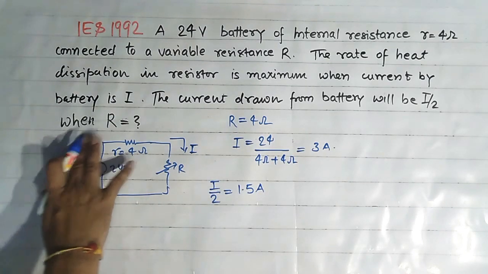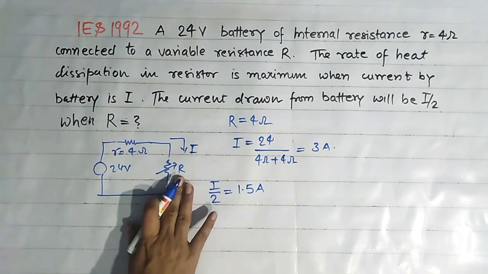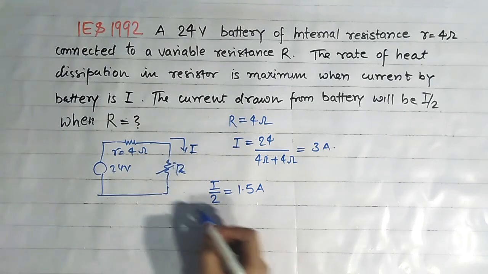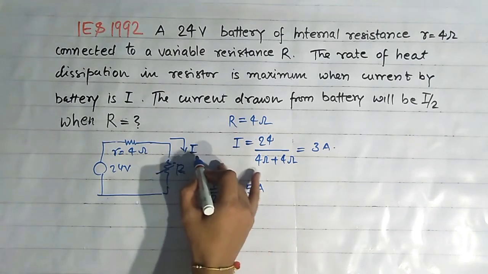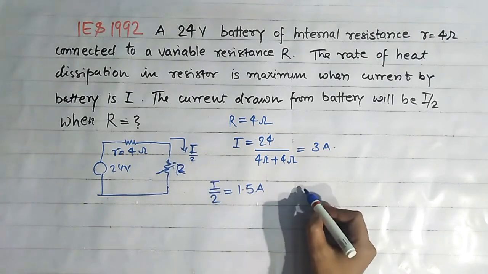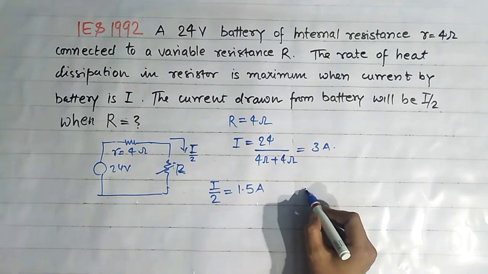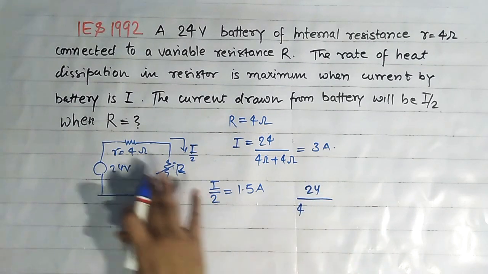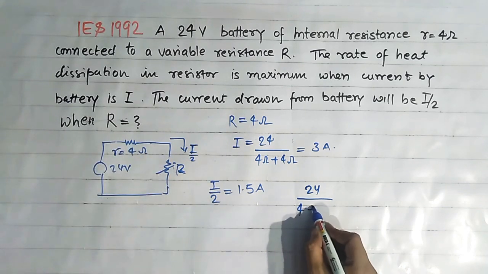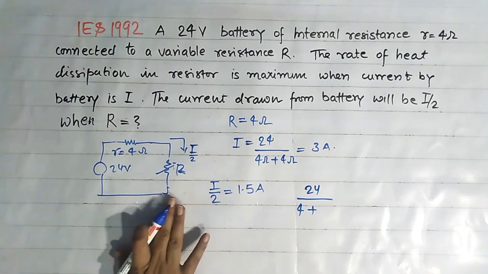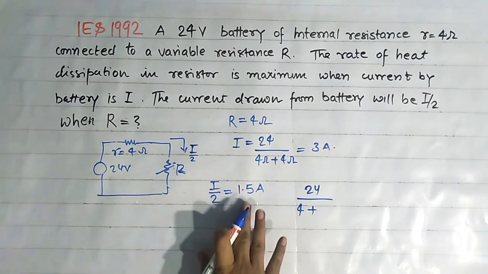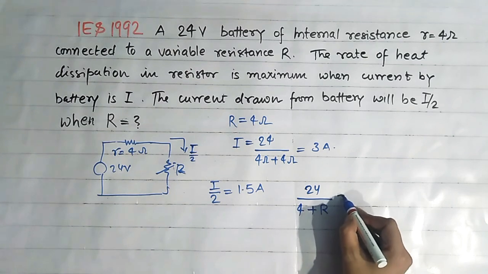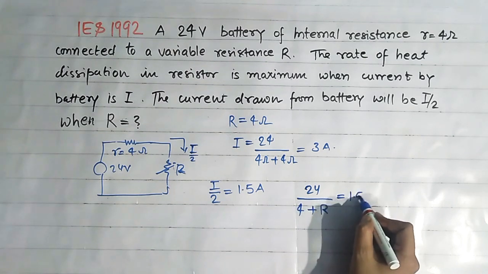Then in that case we have to find the value of this resistance R. So when the current is I by 2, we can write the equation as 24 by, this internal resistance will remain the same but this resistance is variable. Now the resistance will be different when the current is different.